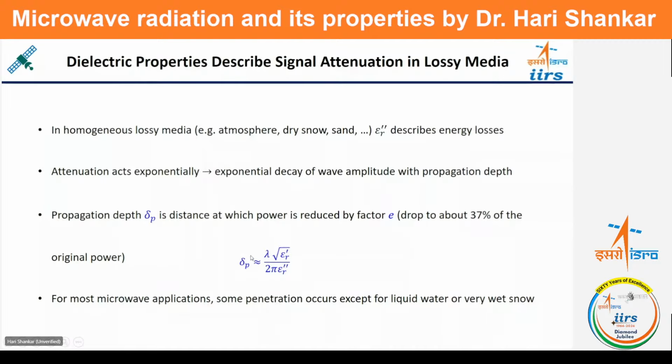That is the meaning. In microwave remote sensing, everywhere we talk about penetration capabilities, because we have to deal with different types of media like forest covers, agriculture fields, barren land, bare soil, rocks, and glaciers.